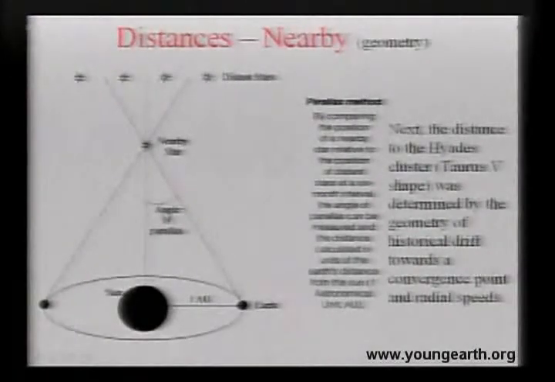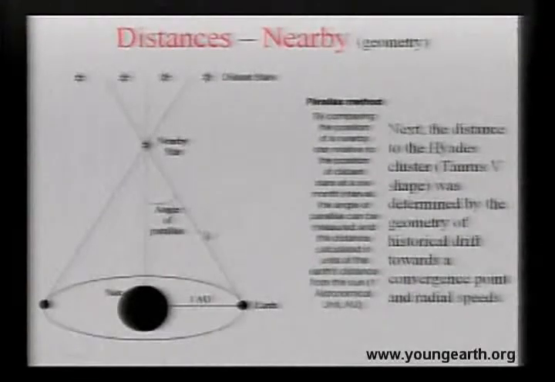And so we can measure an angle of parallax caused by the Earth's motion with respect to a nearby star, and figure out the geometry. Once we know the distance to the sun, then we can figure out the distance to the star. So this is very simple and gives fairly good measurements.